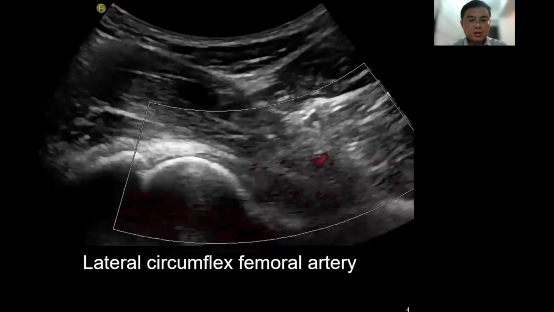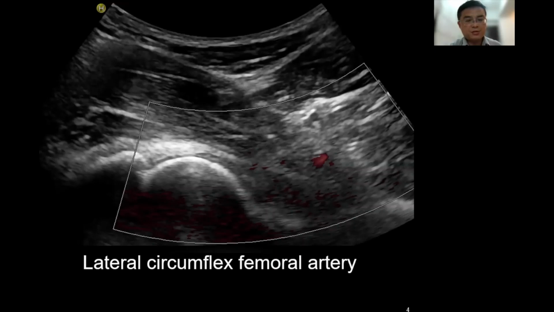So this is the Power Doppler image of the anterior hip joint. As you can see, there is an artery ventral to the anterior hip recess. The artery is the lateral circumflex femoral artery.